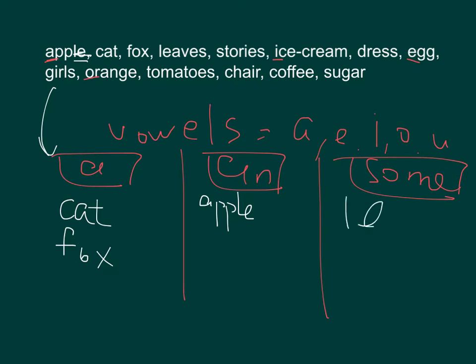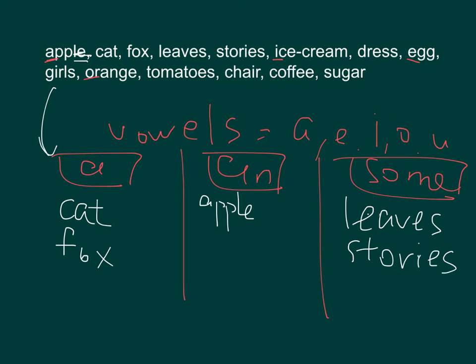We use some. Oops, again, sorry for my poor handwriting. Leaves. Okay. And some stories, because we can see S after that.